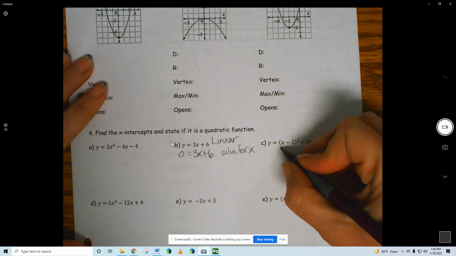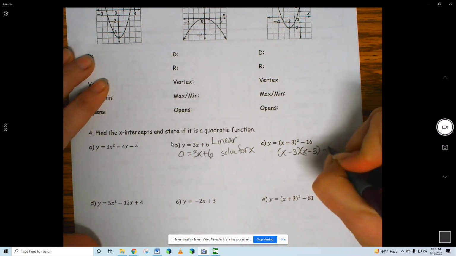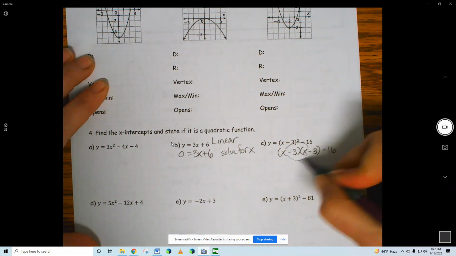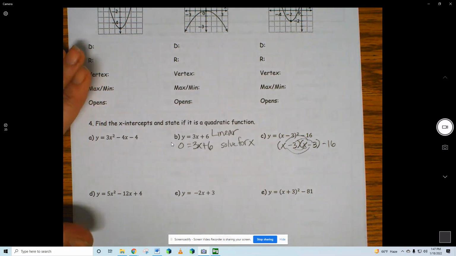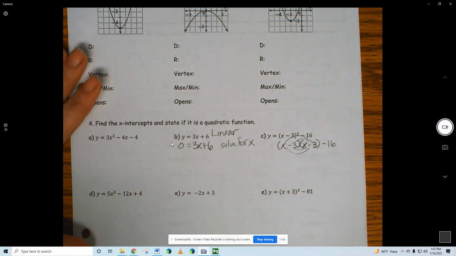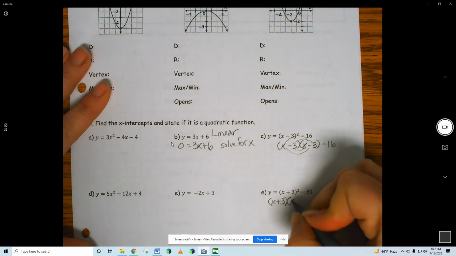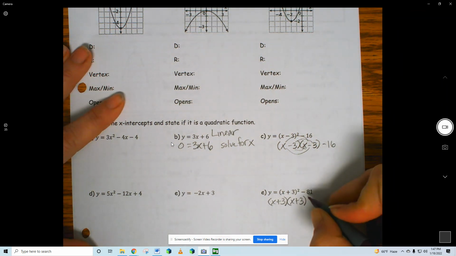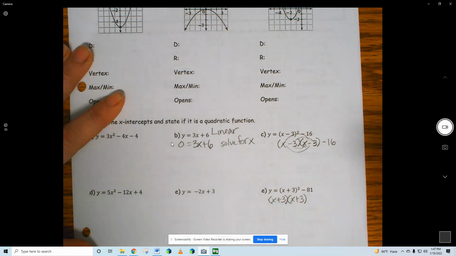On C, you need to write x minus 3 twice and FOIL it before you can actually factor it. Same thing with E. Write it twice.